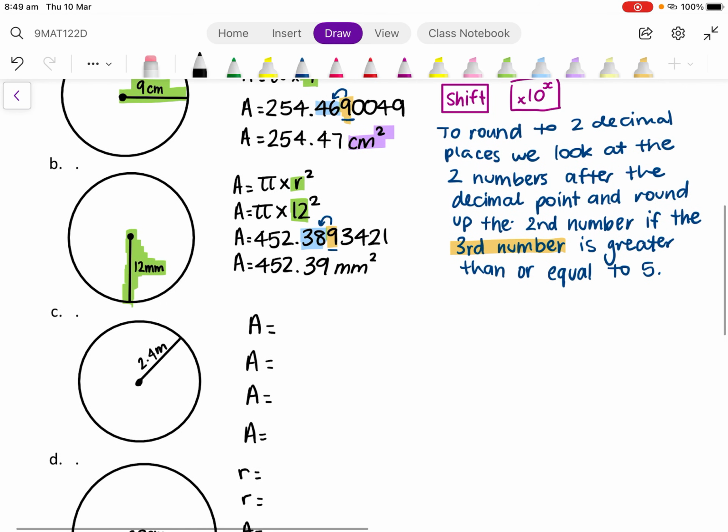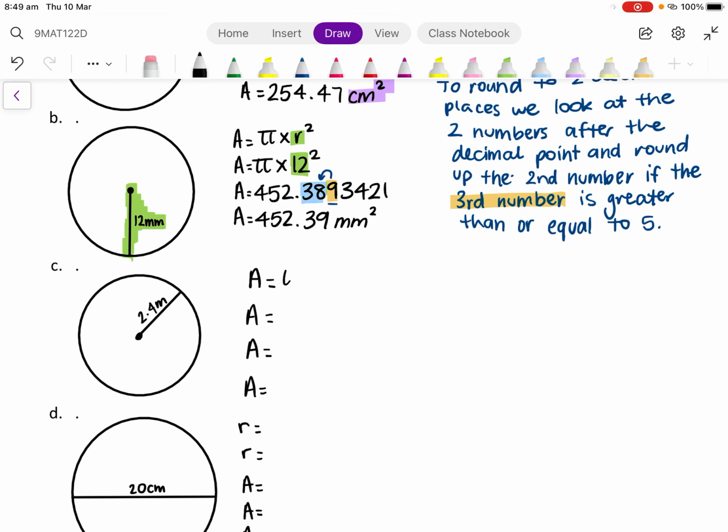Okay, so for example C, again, we need to use pi times r squared, which is our formula. We need to identify what our radius is. Okay, our radius is 2.4 metres. We want to substitute our radius of 2.4 metres into our formula of pi times r squared.